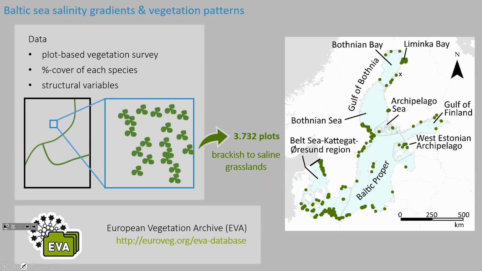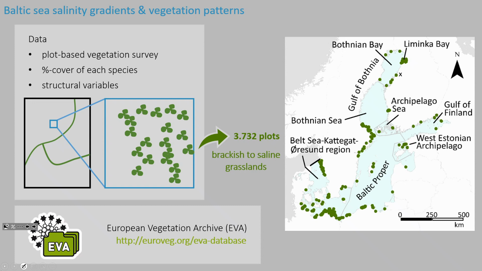So what we did in this study, we took plot-based vegetation data, and just as a reminder, a plot is always a certain spot in a homogeneous vegetation that we try to represent with that plot.